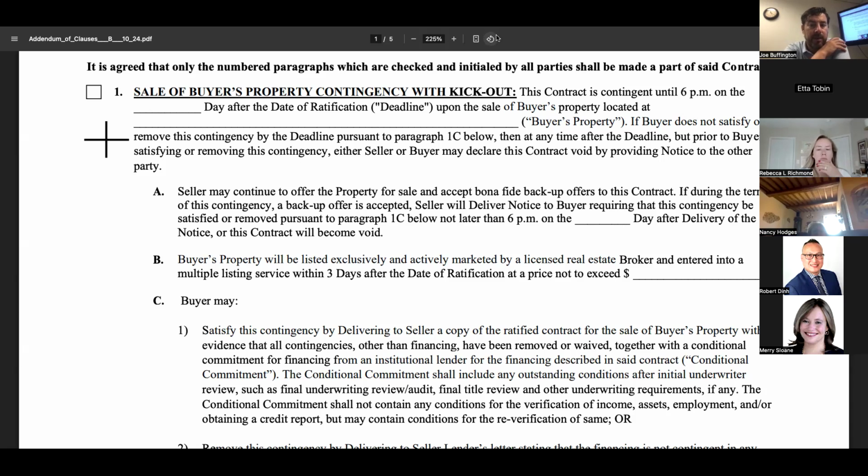So if you don't want to let the buyer go, but you're coming up on a weekend and maybe you've got a showing on Sunday, and you need to ratify this thing today or it's going to go away, you can use that to your favor. That's a loophole in the Bright rules.